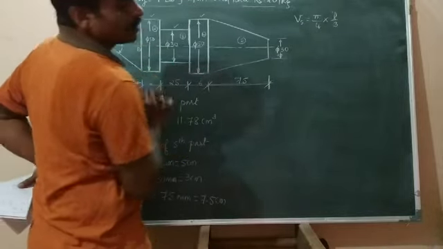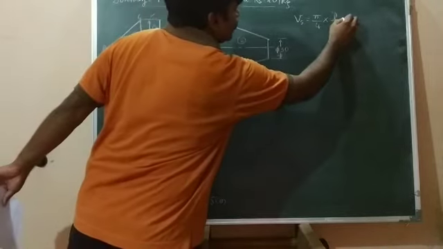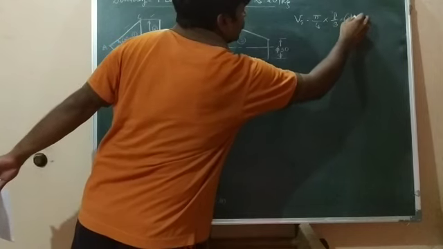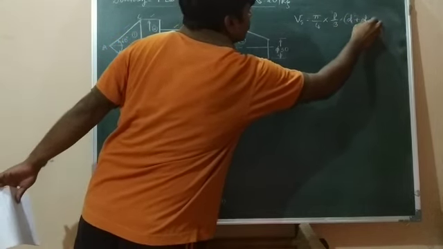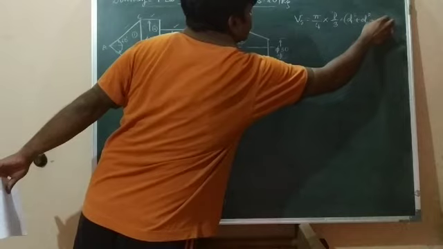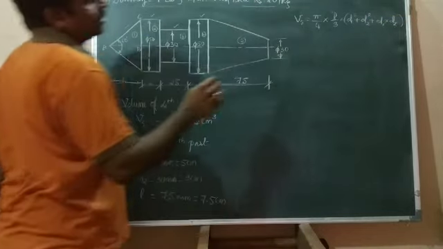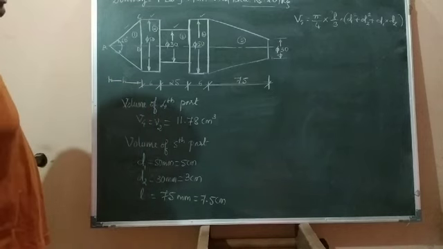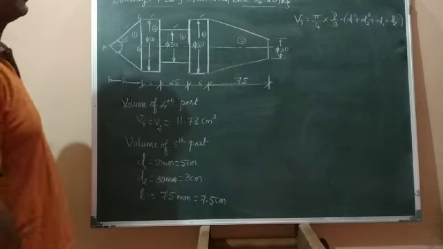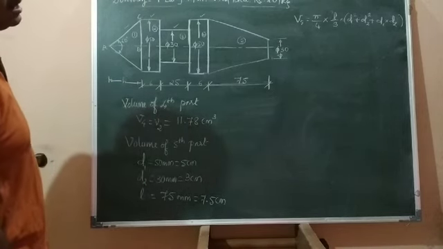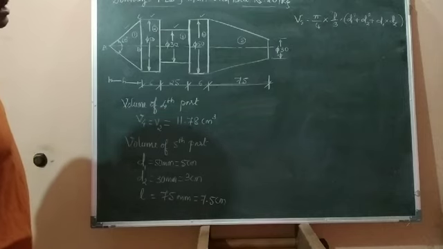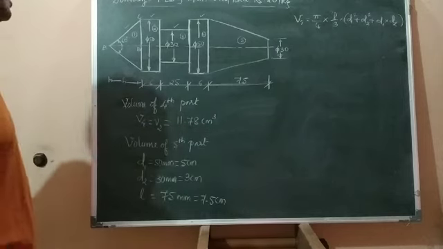Sorry, first frustum of cone. So L by 3 into bracket d1 square plus d2 square plus d1 into d2. So please observe the terms here. So pi by 4 into L by 3 into bracket d1 square plus d2 square plus d1 into d2.